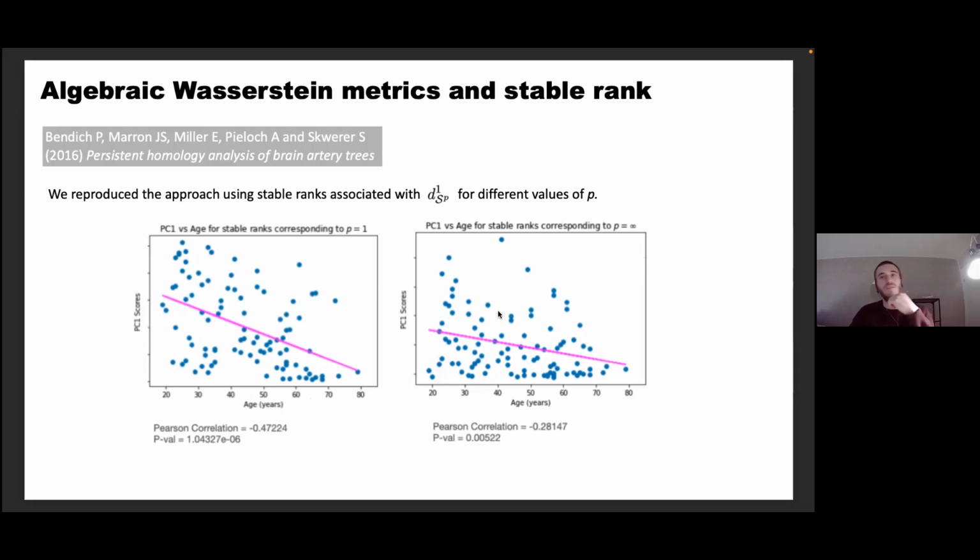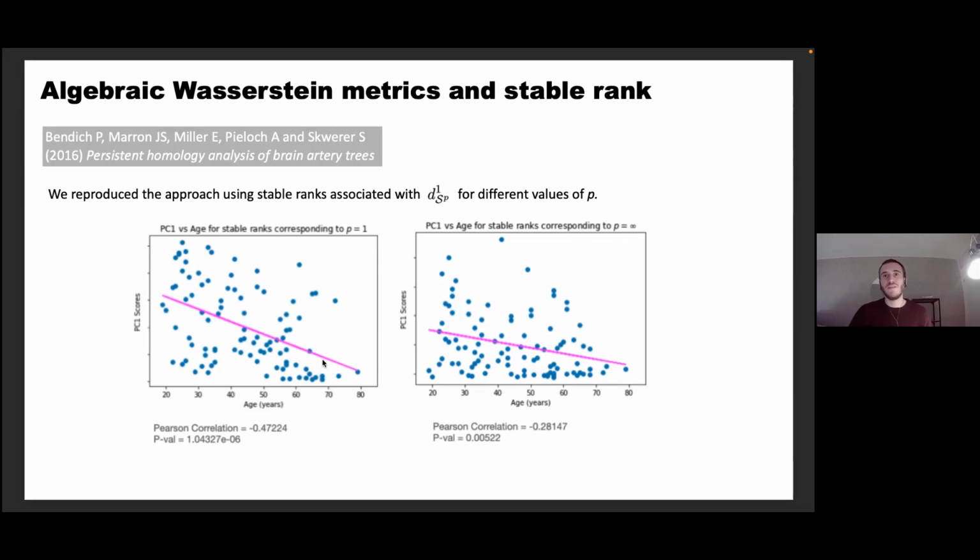And we think this may be connected to an observation made in the original paper about the fact that long bars in the barcode or highly persistent features of the data are not the ones that carry relevant information here for correlating shape of brain artery trees to age. And this is why they chose to select 100 bars, because the relevant information was contained also in medium length bars.